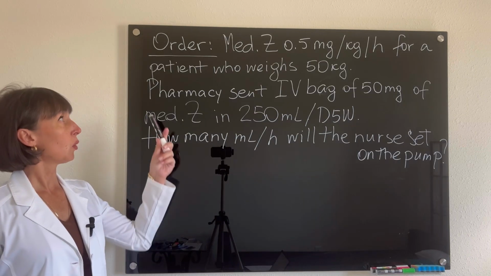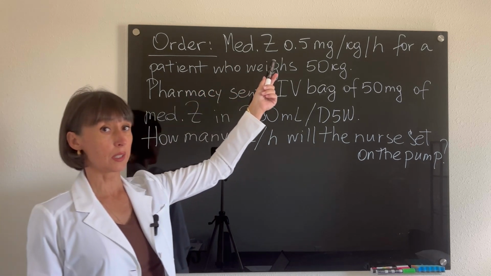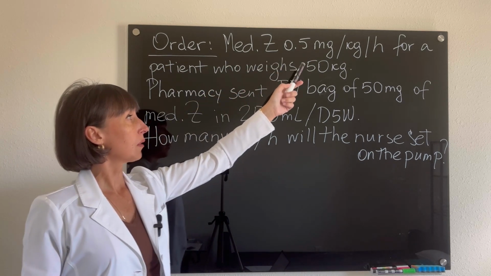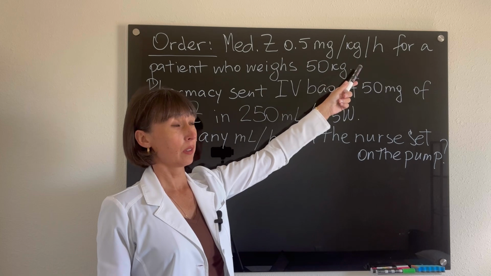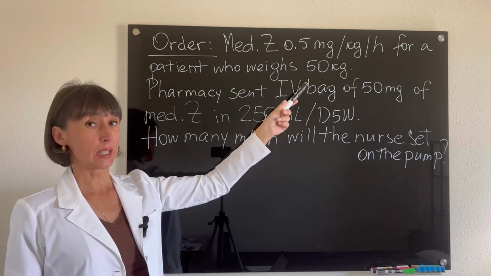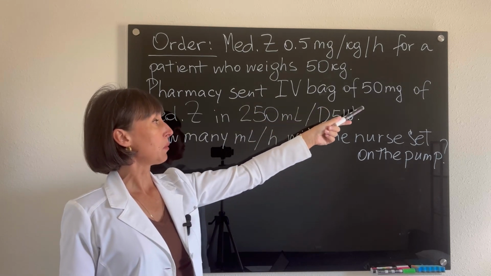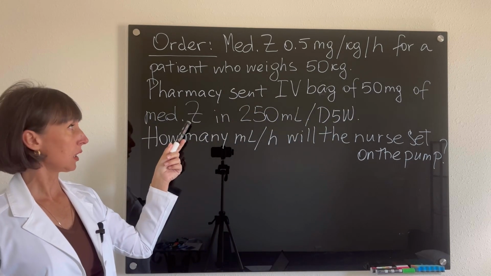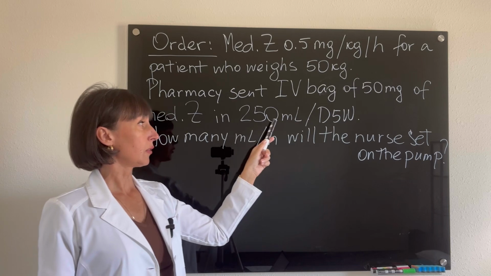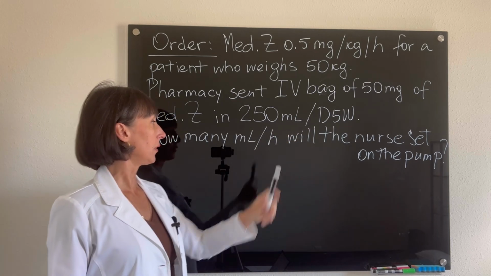In this problem, the order is to administer medication Z 0.5 milligram per kilogram per hour for a patient who weighs 50 kilograms. The pharmacy sent an IV bag of 50 milligrams of this very medication Z in 250 milliliters of D5W.